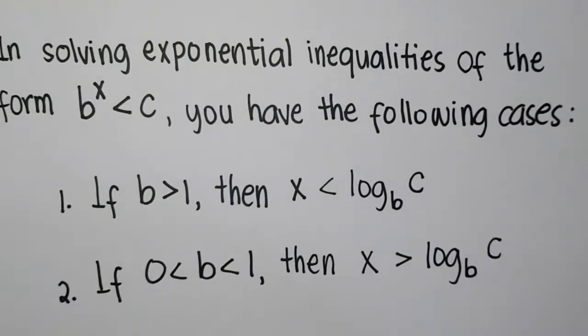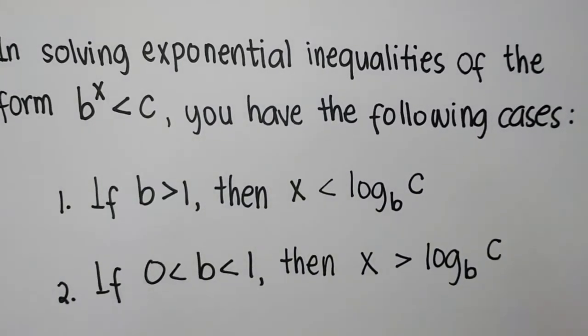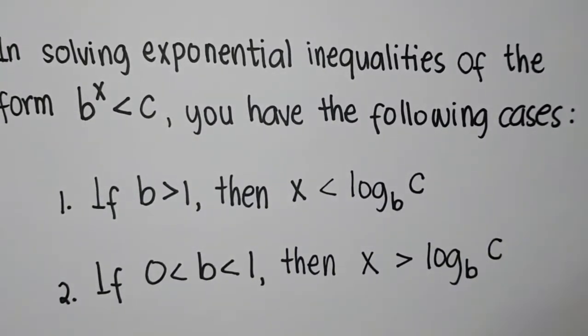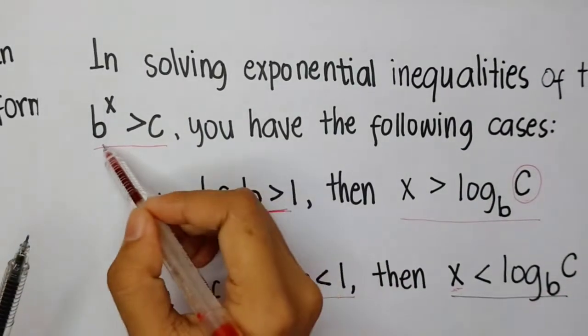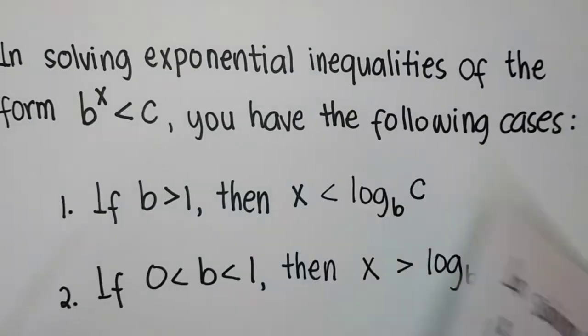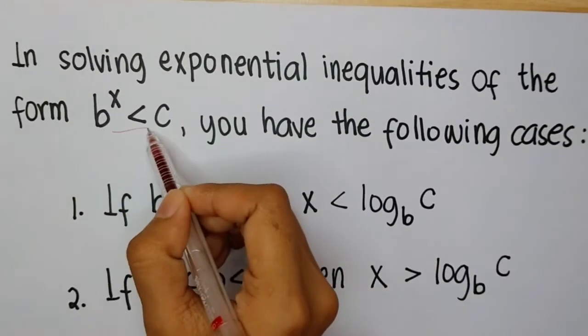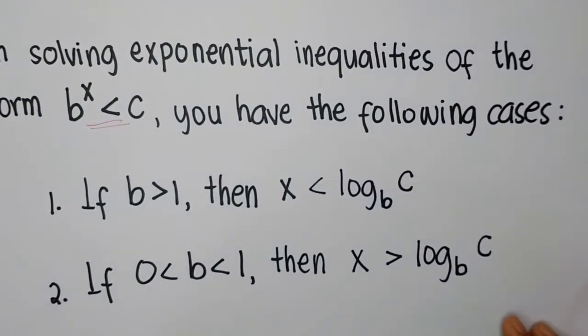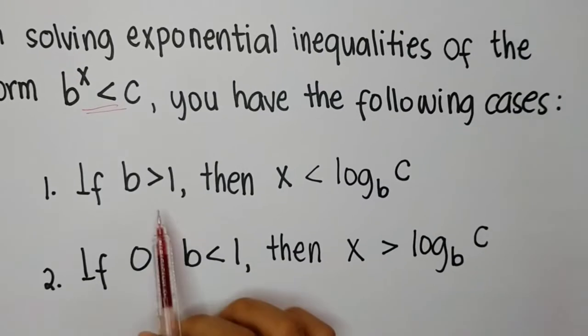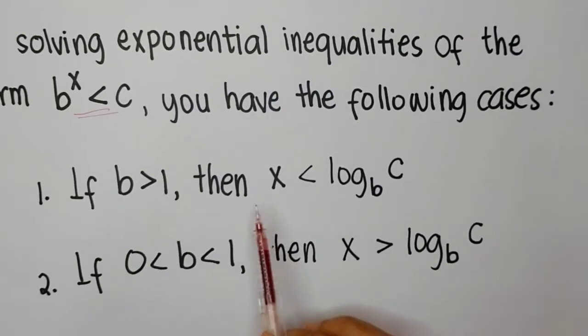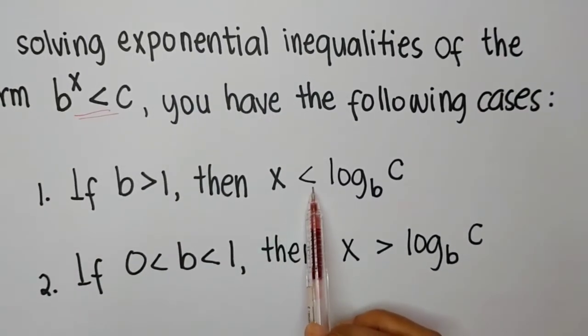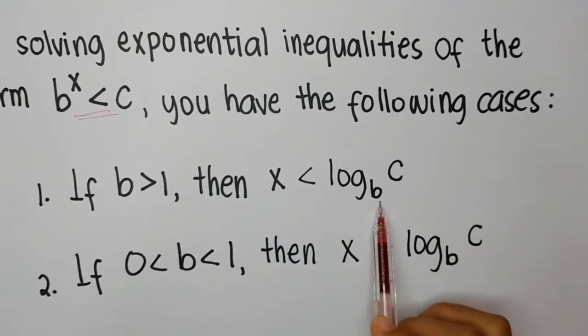In solving exponential inequalities of the form, if yung kanina is greater than c, ito naman sa second condition natin, what if less than c? Okay, you have here the following cases. So, if ang b natin is greater than 1, then our x is less than log c to the base b.